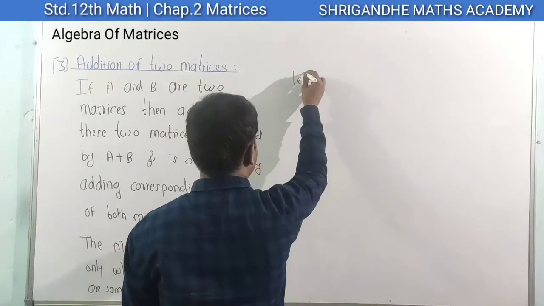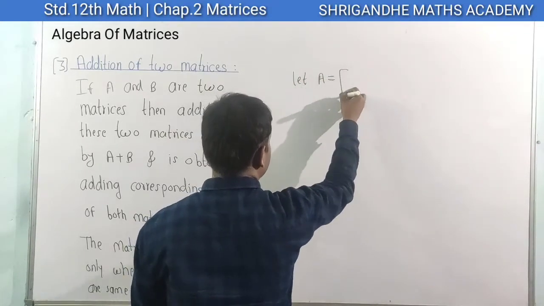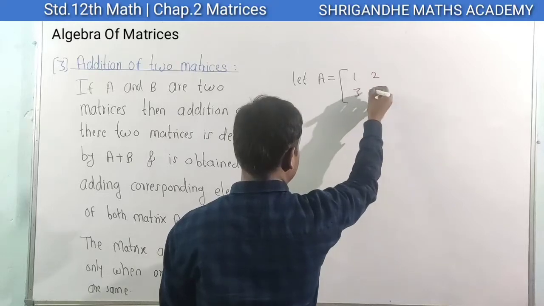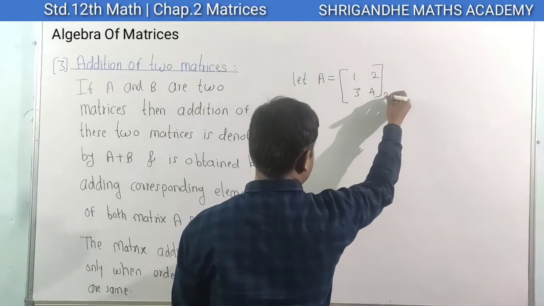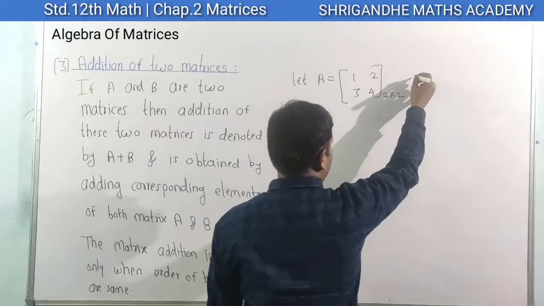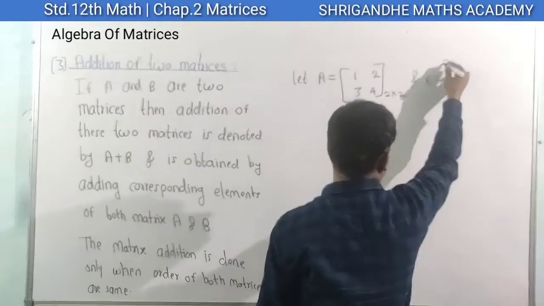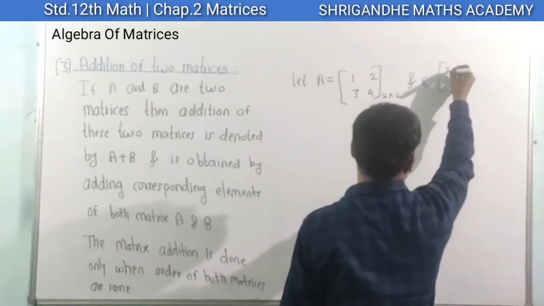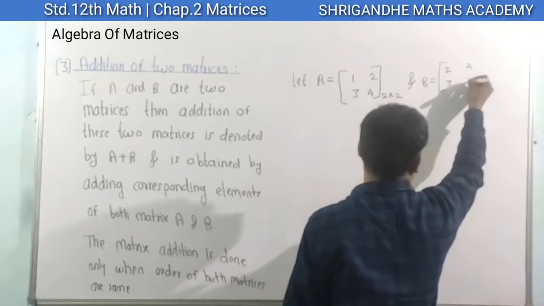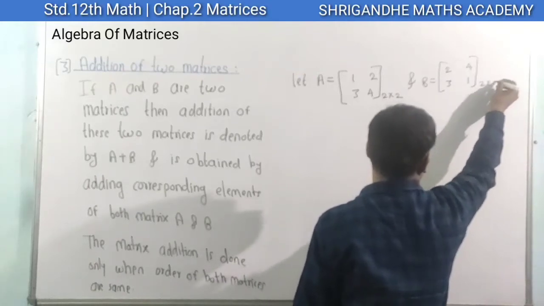Let A equal to matrix 1 2 3 4 having order 2 by 2 and matrix B is equal to entries 2 4 3 1 of order 2 by 2.